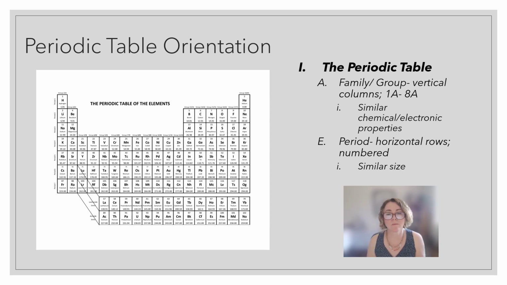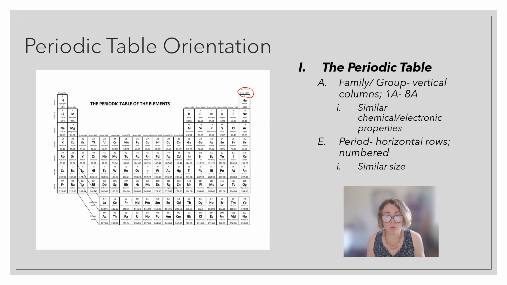And again, those are going to be found in vertical columns, and they're labeled 1A through 8A. And you can see the labeling up here at the very top of a column. It's very small on this slide. But again, these elements are going to have very similar properties, and as we will see a little bit later on, they're going to have very similar electronic properties.